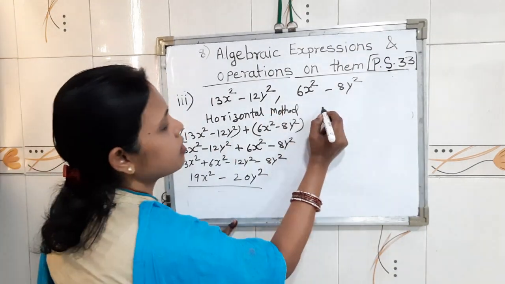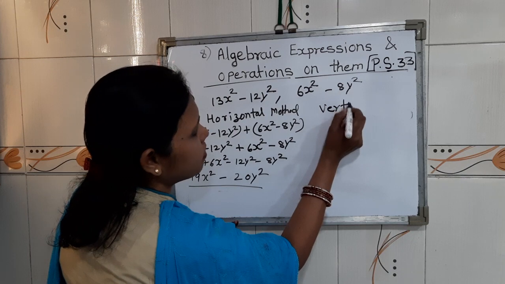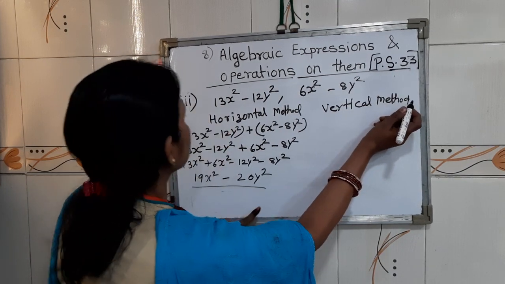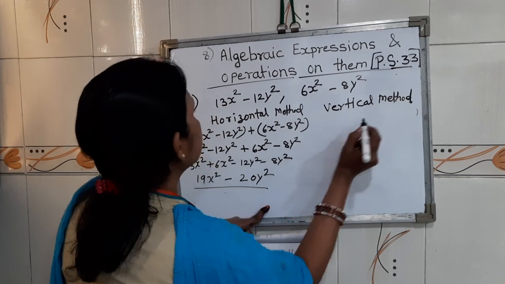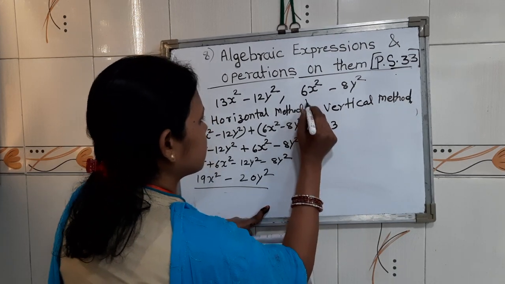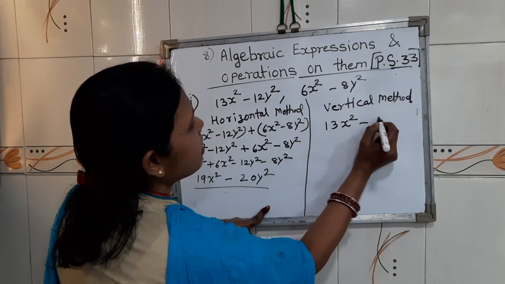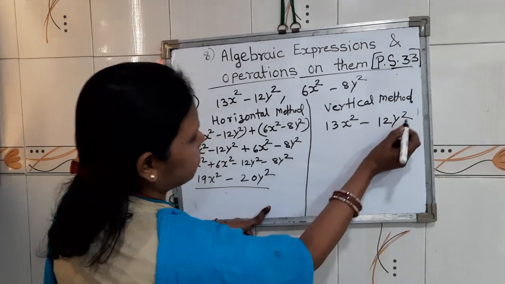Same question we will do with the vertical method. Here, 13x square minus 12y square.